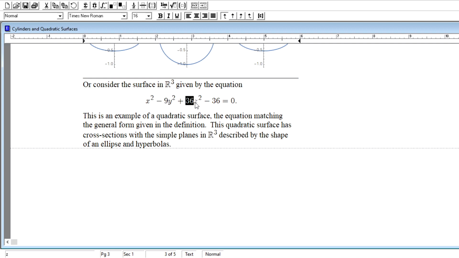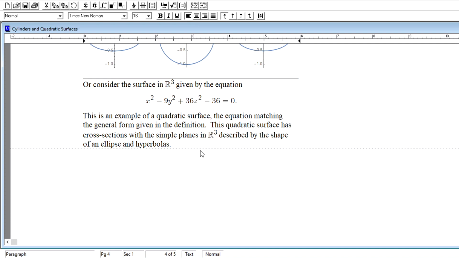And then if I was to look at the simple planes for z, between x and y, it would take on more of a hyperbolic equation again. What we have here is a set of conic sections that looks like ellipses and hyperbolas, and what this surface might be called is an elliptical hyperboloid.